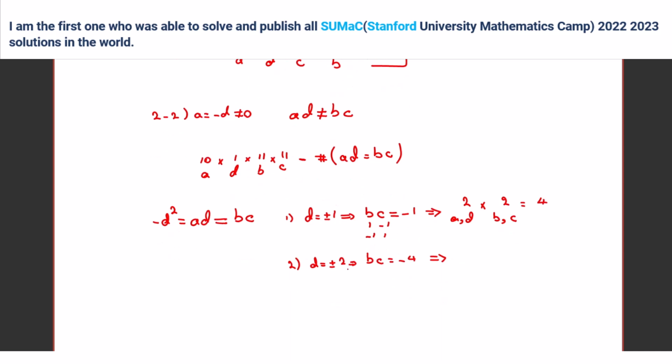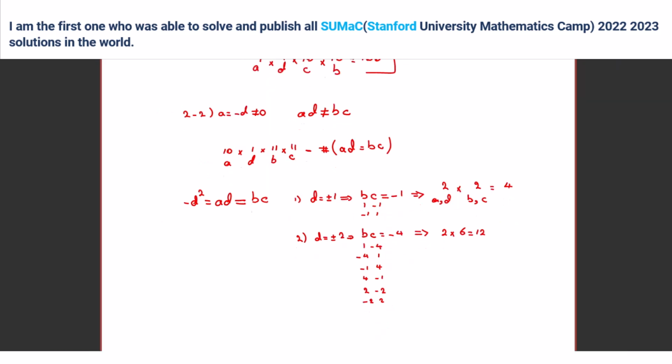Yes, 12 cases, because we can say 1, negative 4; negative 4, 1; negative 1, 4; 4, negative 1; 2, negative 2; negative 2, 2. So 1, 2, 3, 4, 5, 6. 2 times 6, 12.